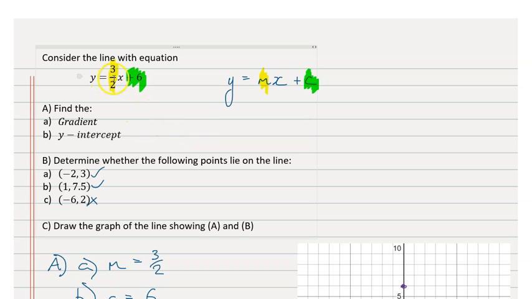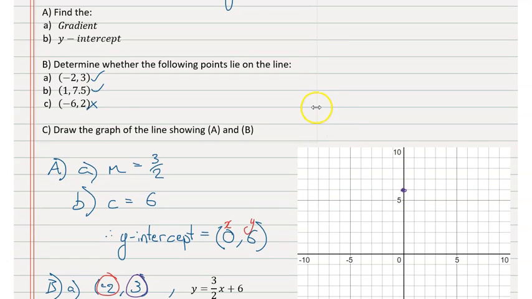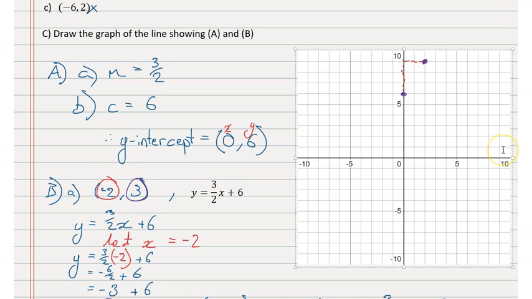So looking at this, for every 3 we go up, we have to go across 2. So we'll go up 1, 2, 3, and then across 2. Marking that on the graph. And then I'm going to draw a line going through these points, stretching to positive infinity and negative infinity. Now, as you would believe, I've already gone and done that.